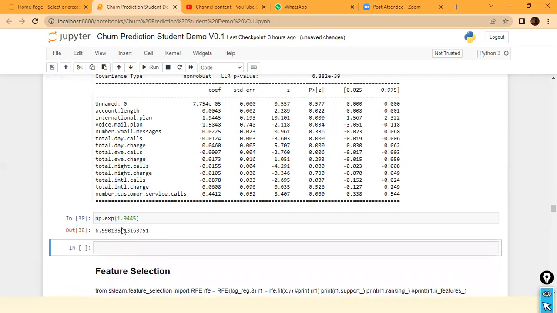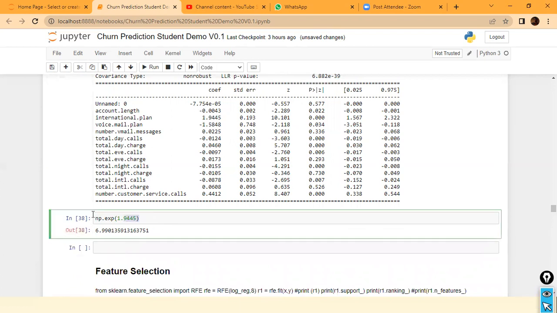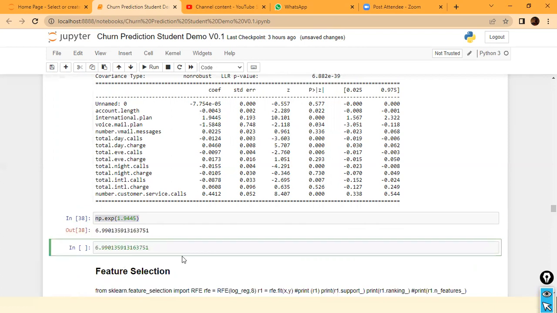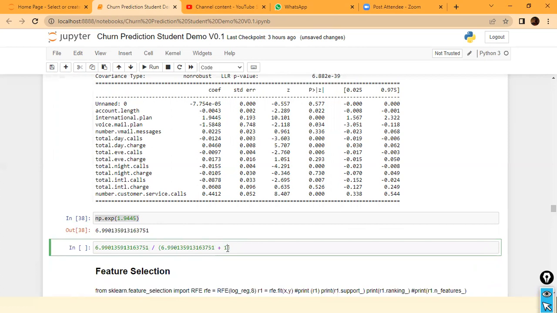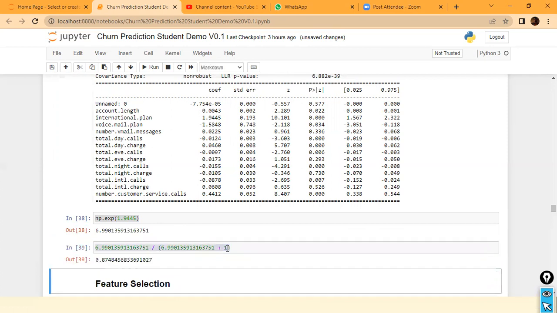This is my odds ratio. From the log odds ratio, we convert to the odds ratio. Now I just take this value and divide this odds ratio by the odds ratio plus 1. This will give us the probability.